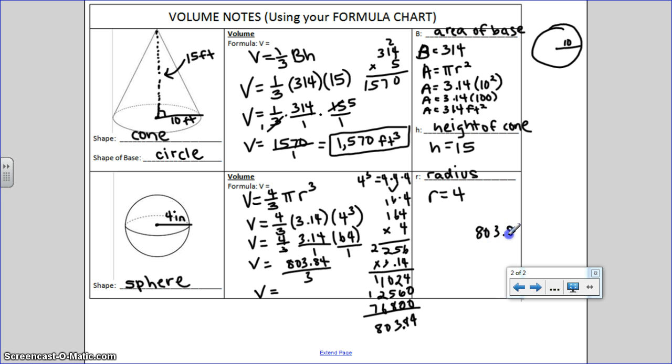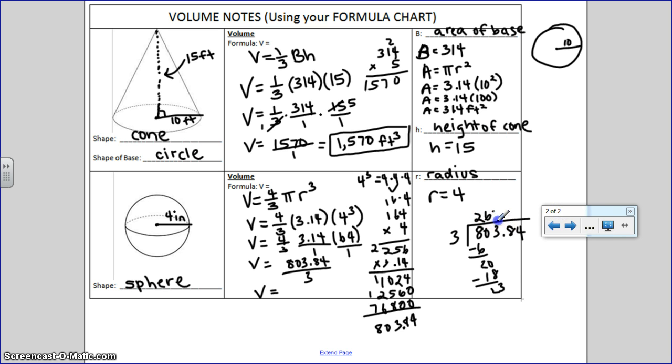So we're going to do that here. Okay. Divided by 3. You guys should be able to do this on your own. Move that decimal point up.